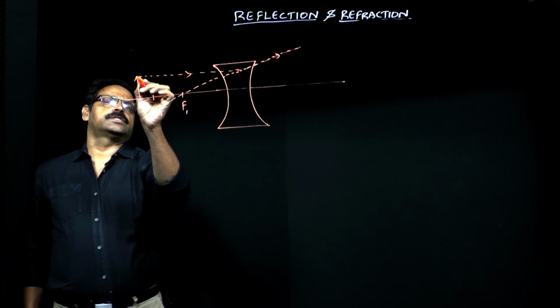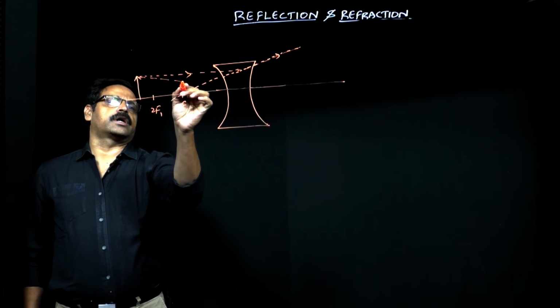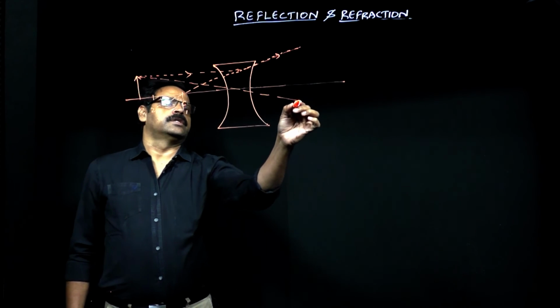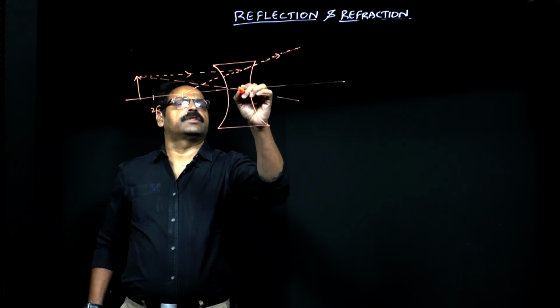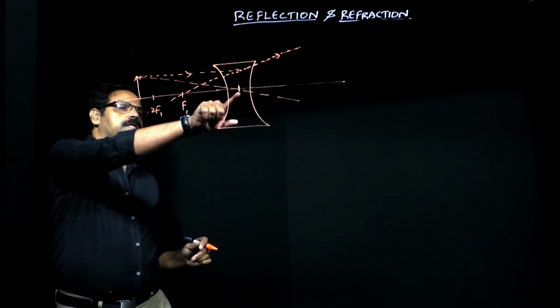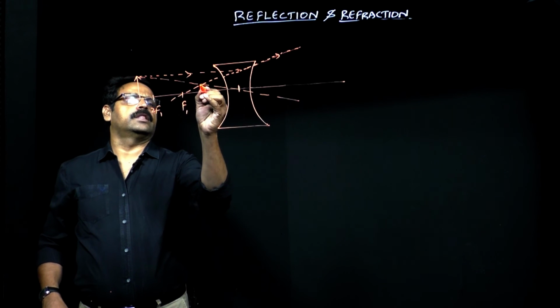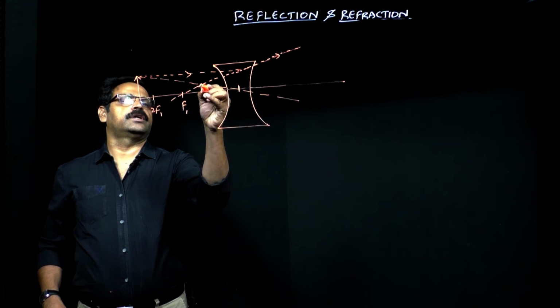Similarly, the ray which is passing through the center of the lens will travel like this. At the center of the lens, it will never get deviated. It will fall as usual. Then these two rays are meeting somewhere here.